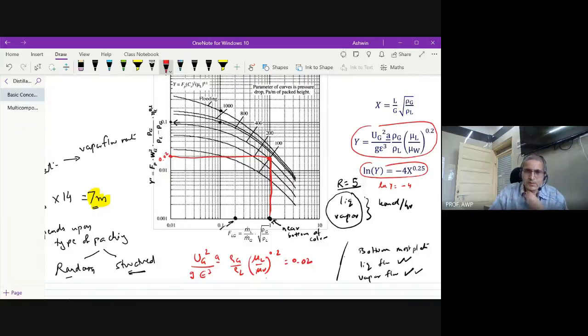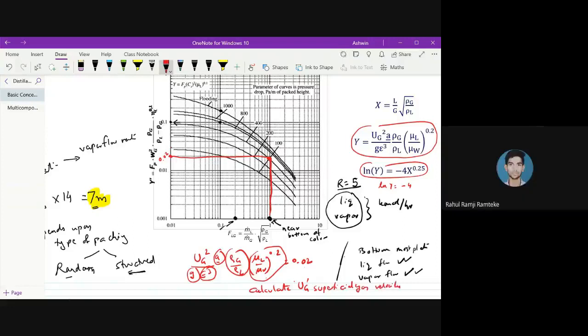isn't it? So if you know the packing type, you can calculate the surface area, you can calculate the voidage. G is known, rho g rho l is known, mu l mu w is known, 0.02 is known. So I can calculate ug, gas velocity, superficial gas velocity. Do you agree with that? Yes, sir.